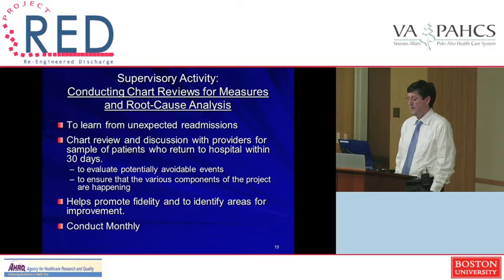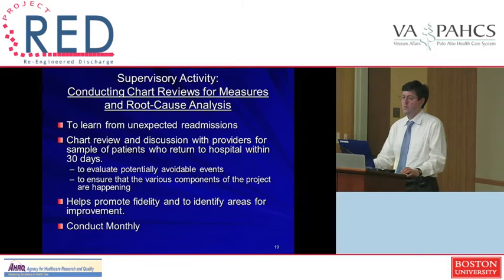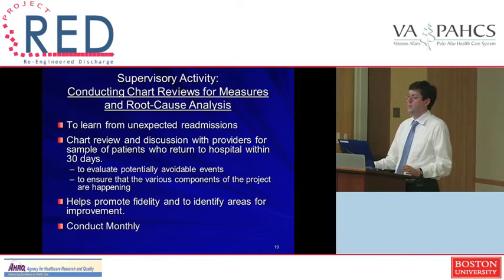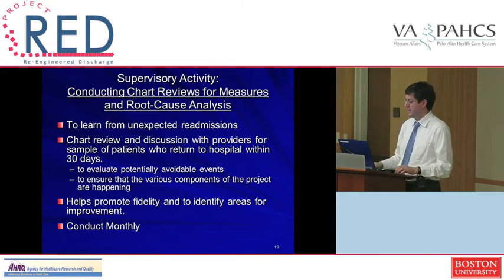And now we're not doing it monthly, but really in real time, we have someone identifying all patients who have been readmitted within 30 days, and they're flagged on the board on the ward so that everybody's aware that that patient is a readmission.